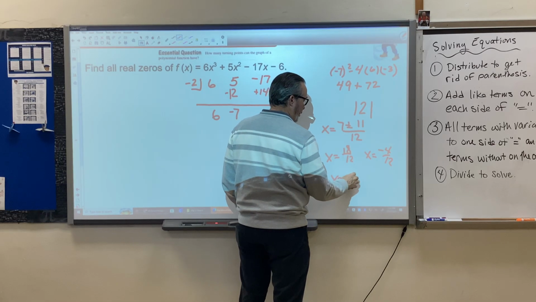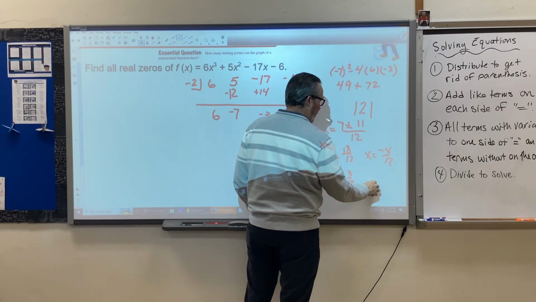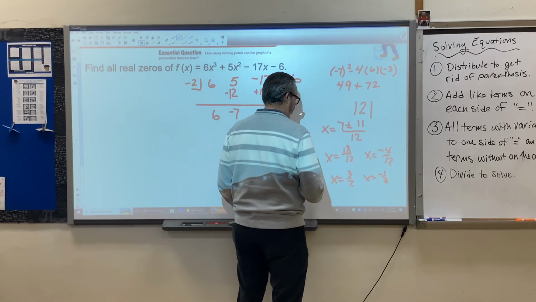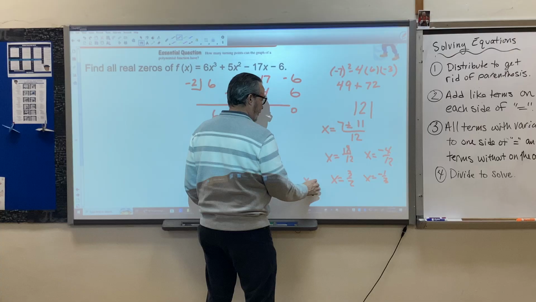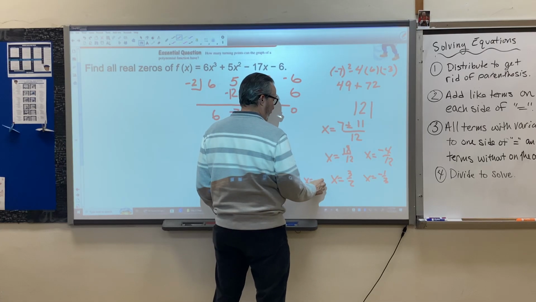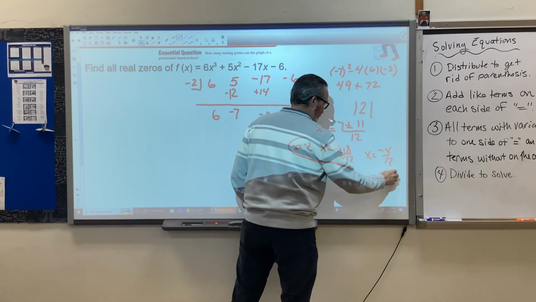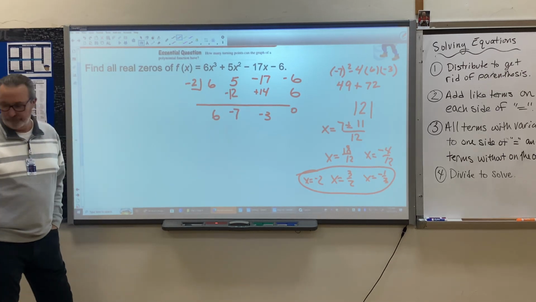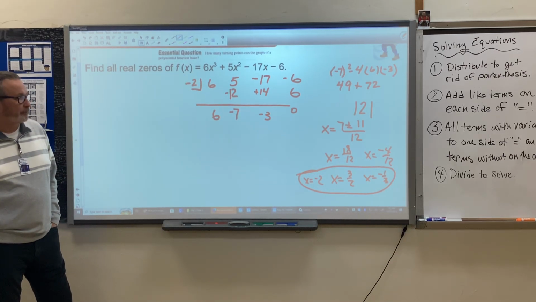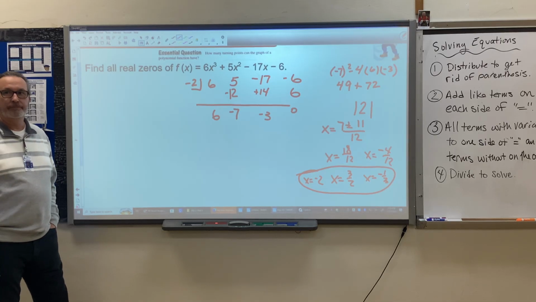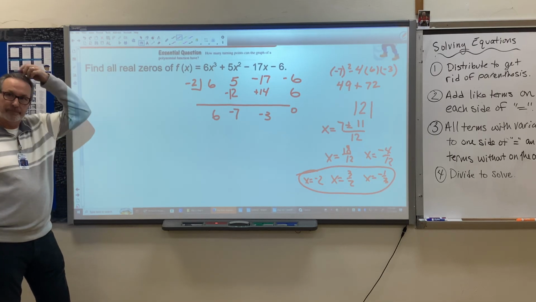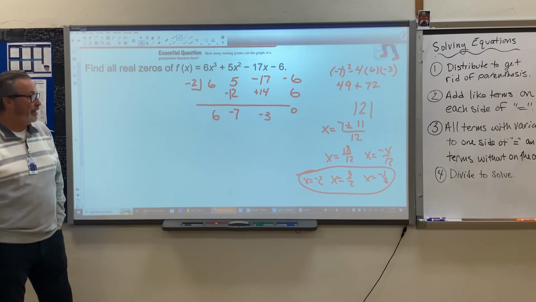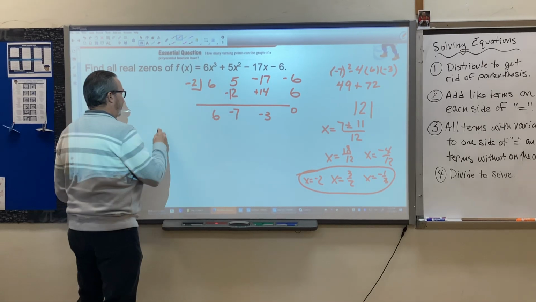X is 3 halves. X is -1/3. X is -2. All three zeros. Probably could have factored that. Gosh.